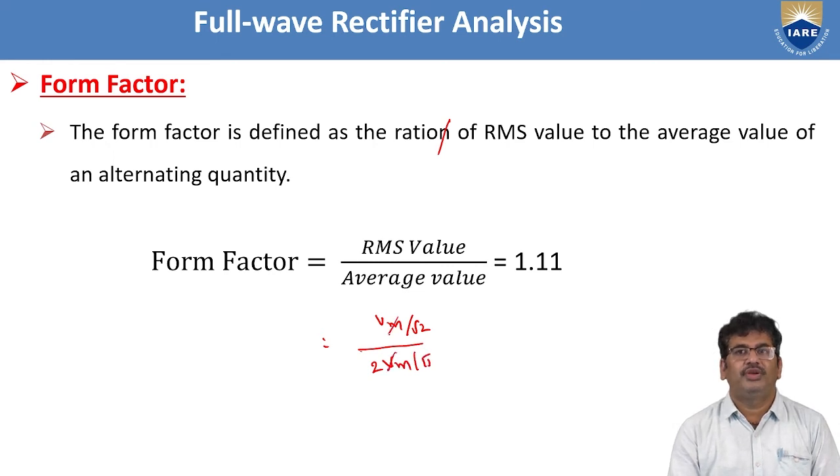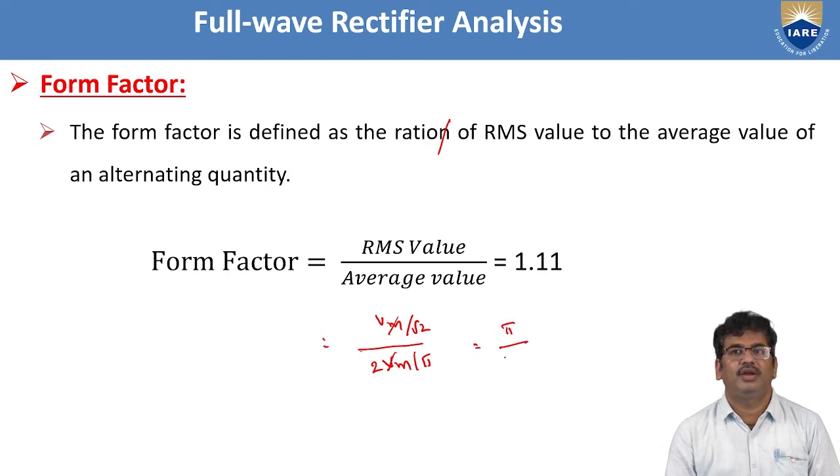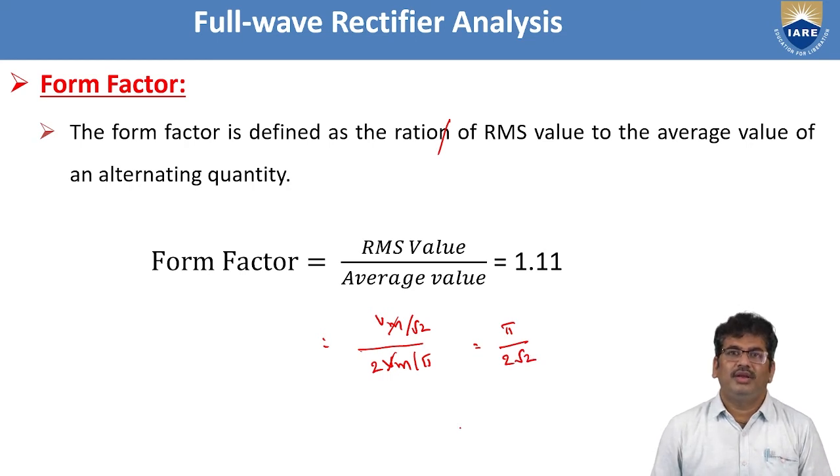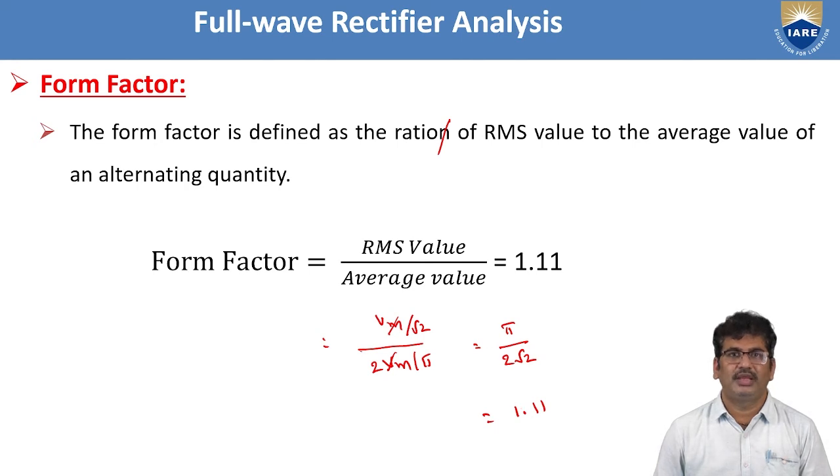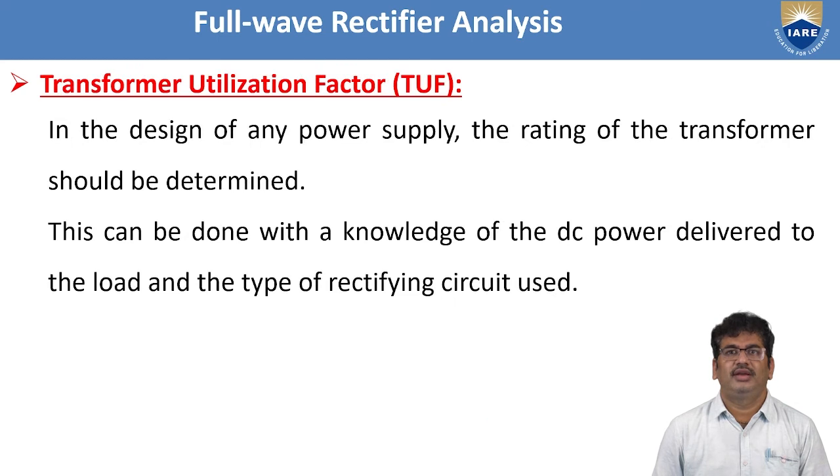So Vm gets cancelled, which will give us pi by 2 root 2. By computing the value of pi by 2 root 2, we will get the form factor for the full wave rectifier as 1.11. This is the major analysis of the full wave rectifier.